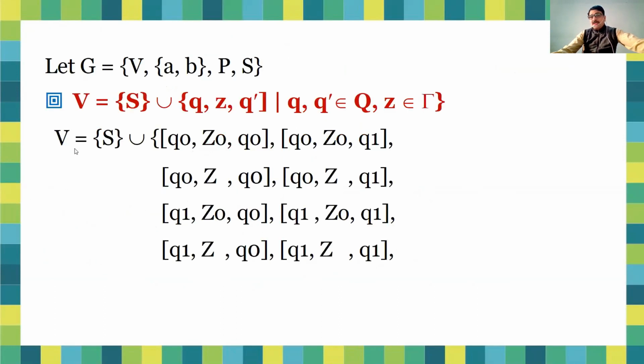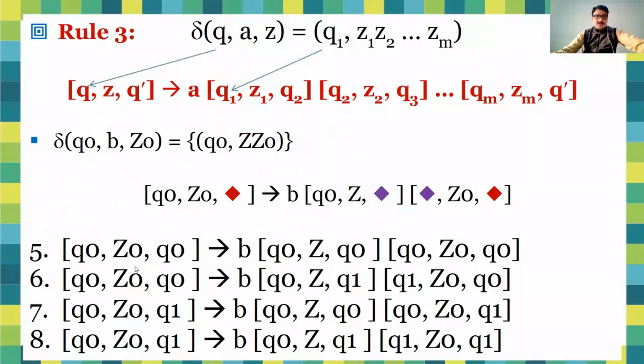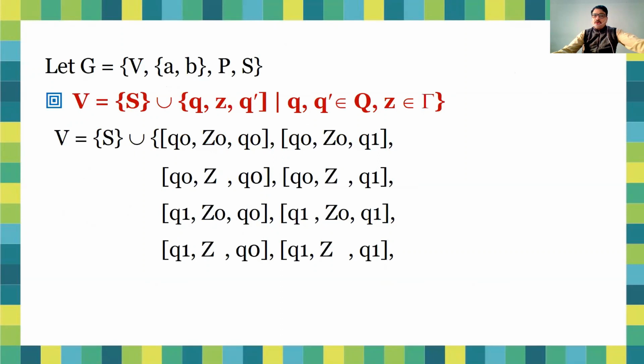And after that, for the set of variables, just write all the combinations of these states, right? All the productions, but it should be noted that no production will be repeated. So just write all the productions here, that is [Q0 Z0 Q1], [Q0 Z0 Q0], and so on.